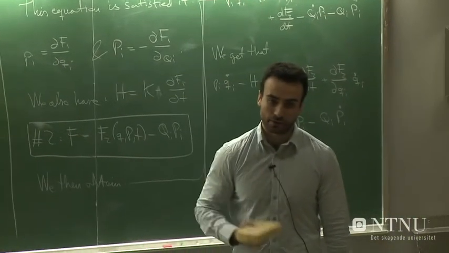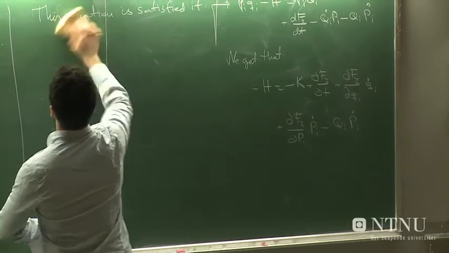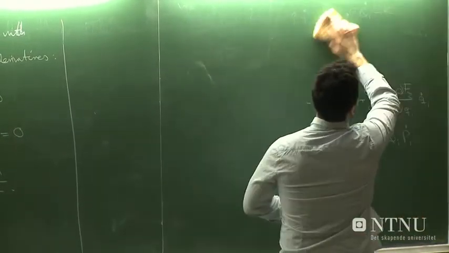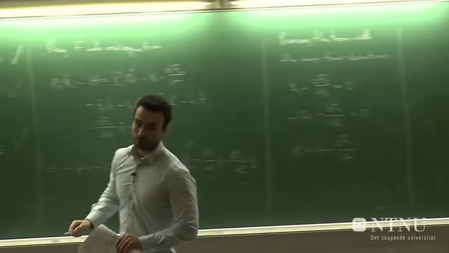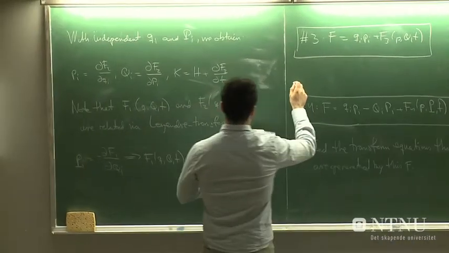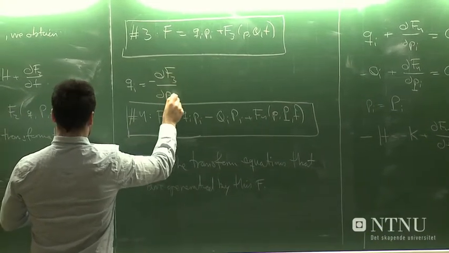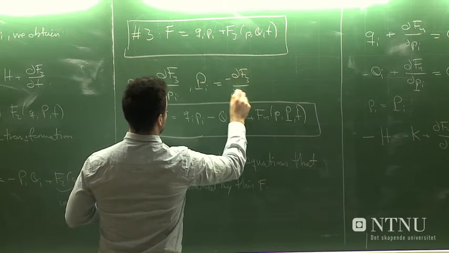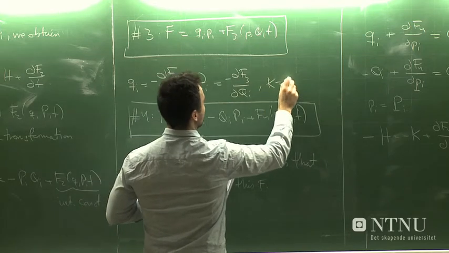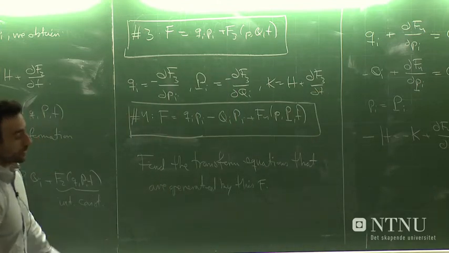So now that you have done the F4, the fourth case, you can do the first three without any problem. So let me just, for the sake of completeness, also write down the third case, the following.